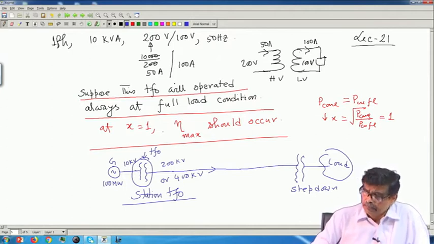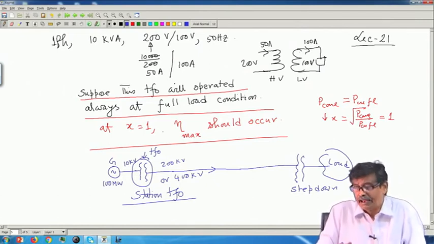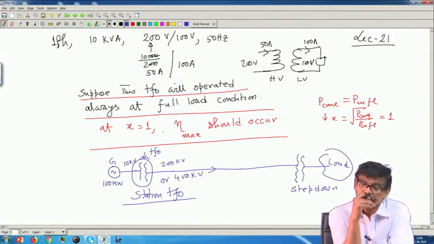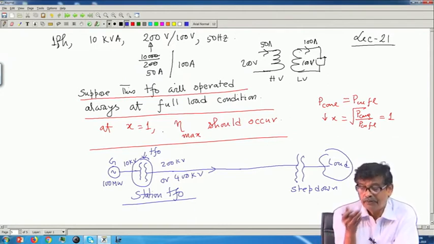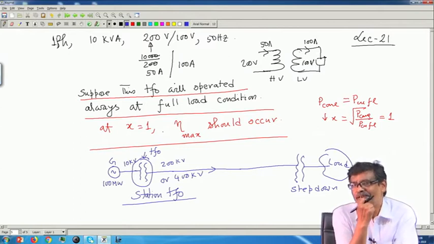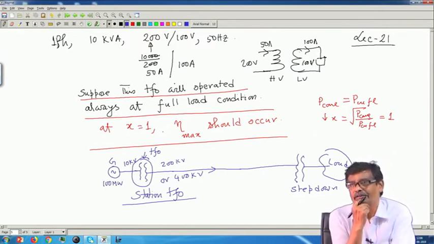Therefore, in such cases I will say x equal to 1. But if that be the case, and the argument I put forward earlier, that you are purchasing a transformer and you must see that it is always operating at full load condition. But what happens is this, this is sometimes not in your hand.